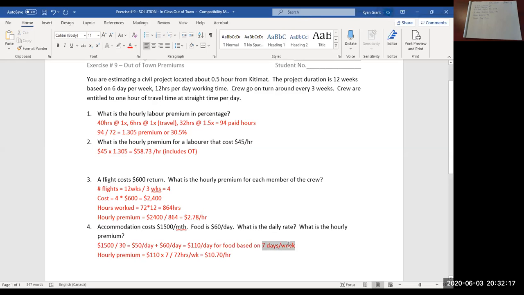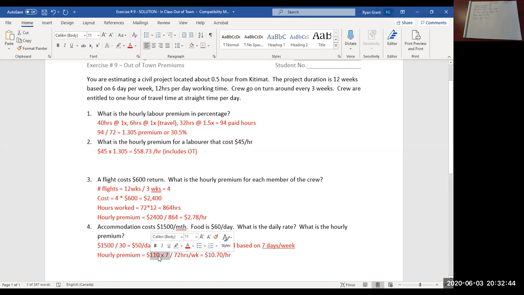So make sure we remember this. That's 7 calendar days per week, right? That we need to allow for $110 per day. So the hourly premium is our 110 a day that we just calculated, times 7 days.